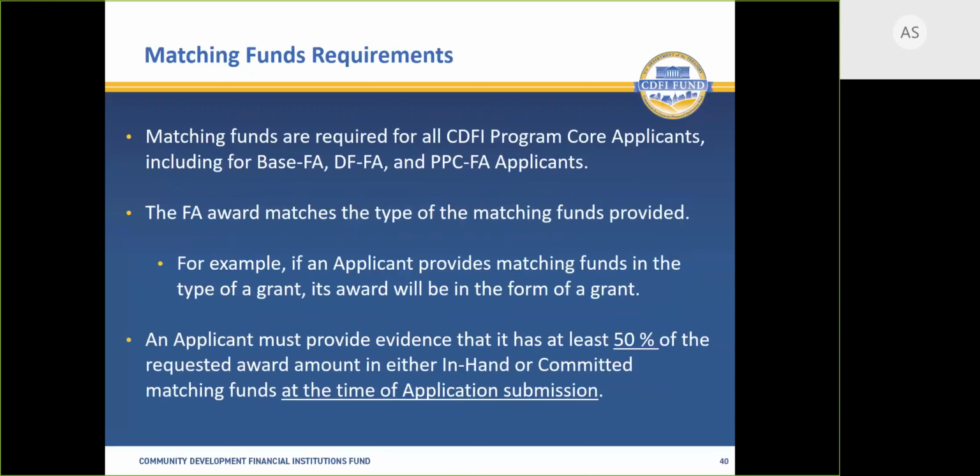The FA award will depend upon the type of matching funds provided. For example, if your matching funds are a grant, then your award will also be in the form of a grant. You must provide evidence that you have at least 50% of the award request through either in-hand or committed matching funds when submitting your application.